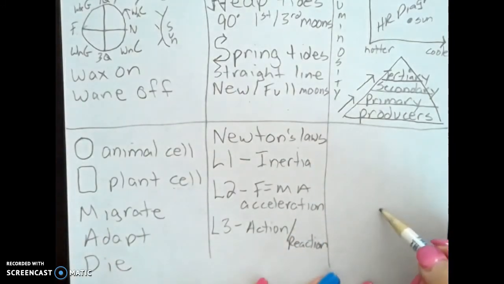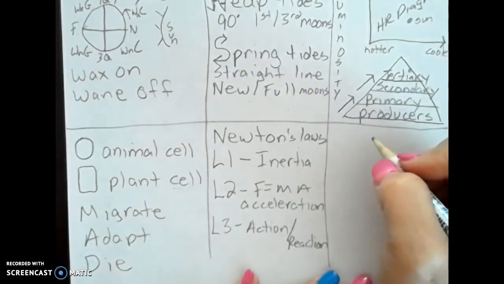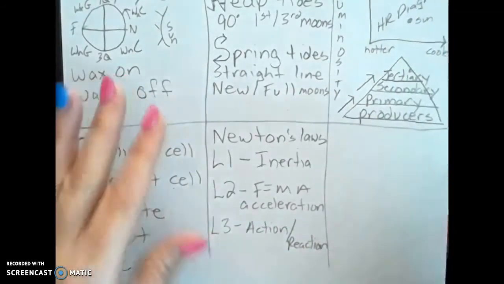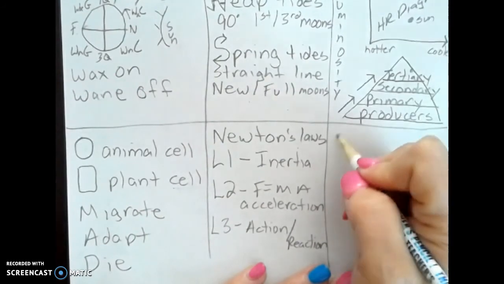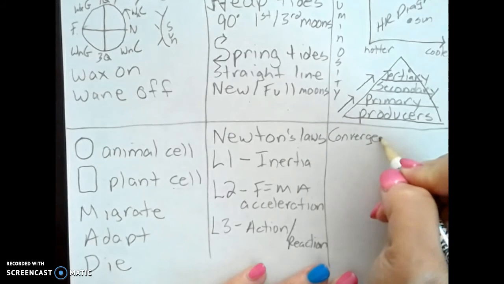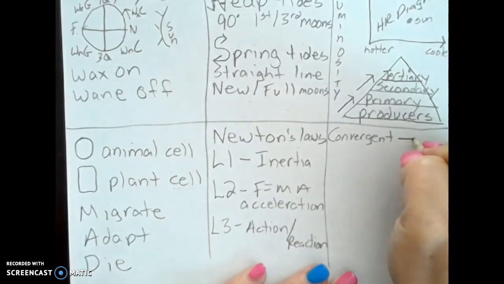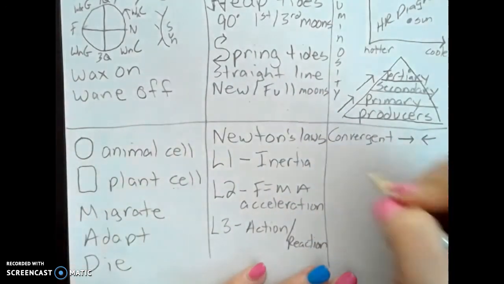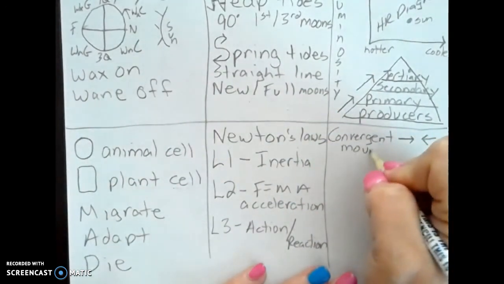All right, we're going to pop over to this last one, and this is where we're going to do tectonic plates. So if you recognize that convergent boundaries are going to collide, they go towards each other, and they create mountains.